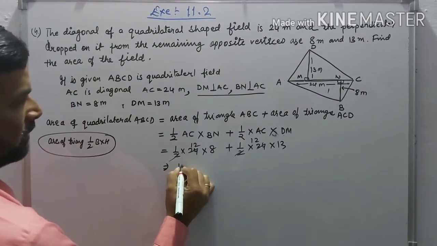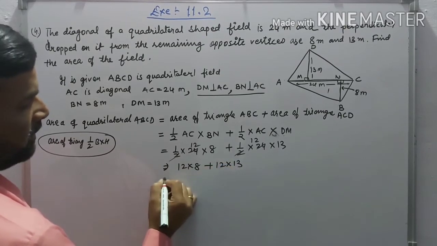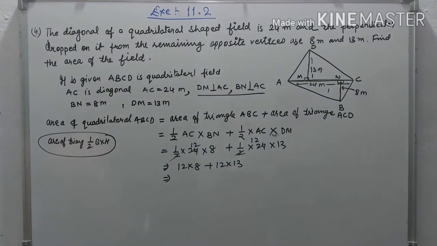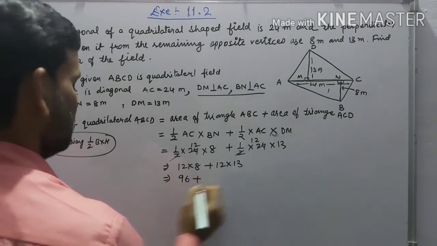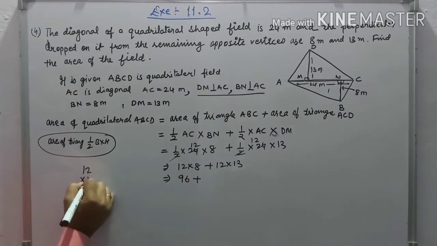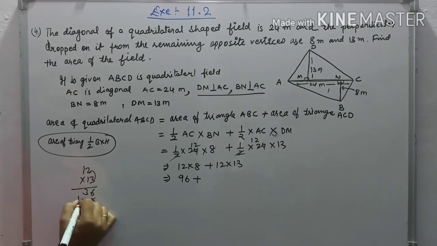Now we write 12 into 8 plus 12 into 13. 12 into 8 is 96, and 12 into 13 multiplied: 2 threes are 6, and 3 and 12 is 156.